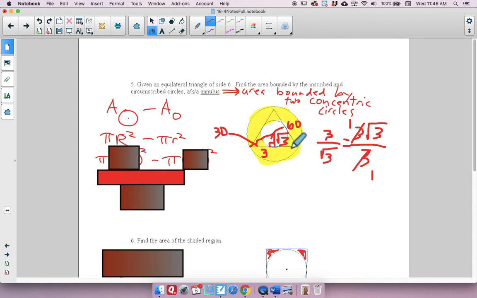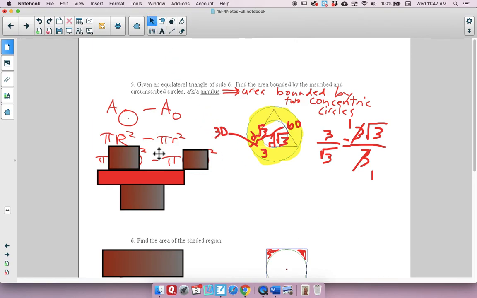And then to get to the hypotenuse, we just double the 30 length, which is root 3. So this would be 2 root 3. Okay. And if you ever don't have enough room on a diagram, you could blow up that triangle down here, make it bigger, easier to see.